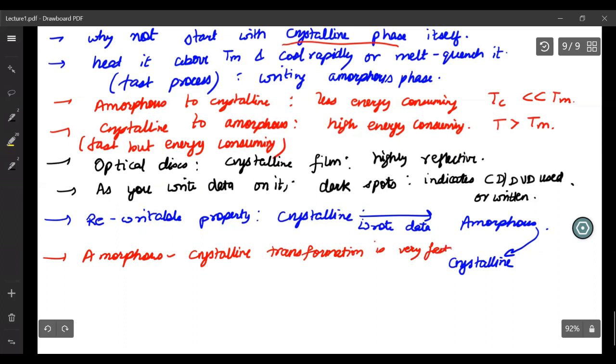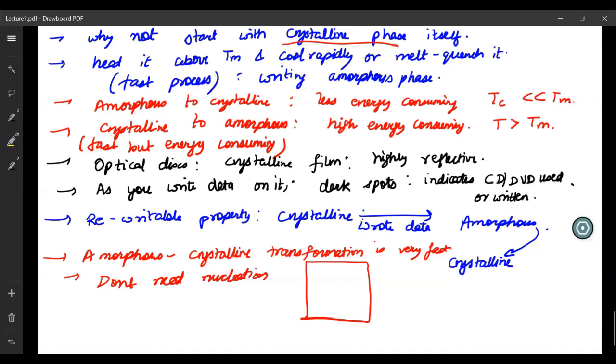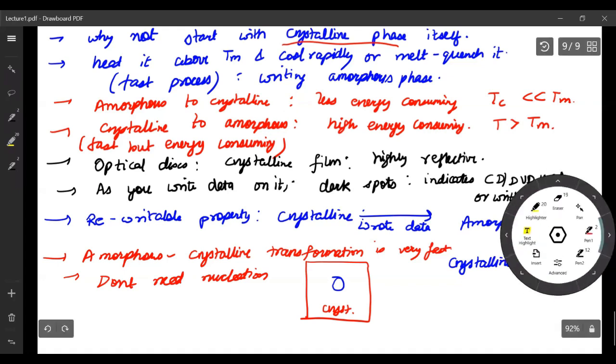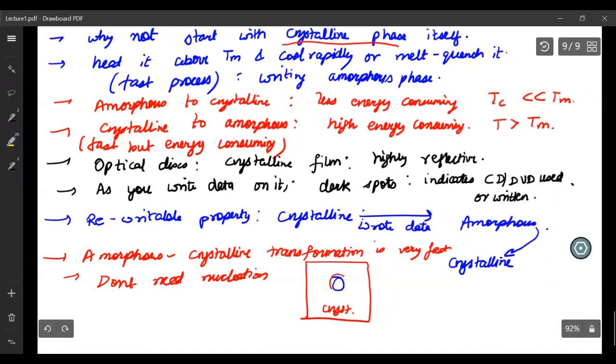Why? Because now you don't need nucleation, right? Let's say this is your disk. I've drawn a kind of area of a disk. This is entirely crystalline. And here you have an amorphous region that you have injected by heating it with a laser or something. So now if you want to change it to crystalline, you don't need nucleation. Why? Because growth can appear here.